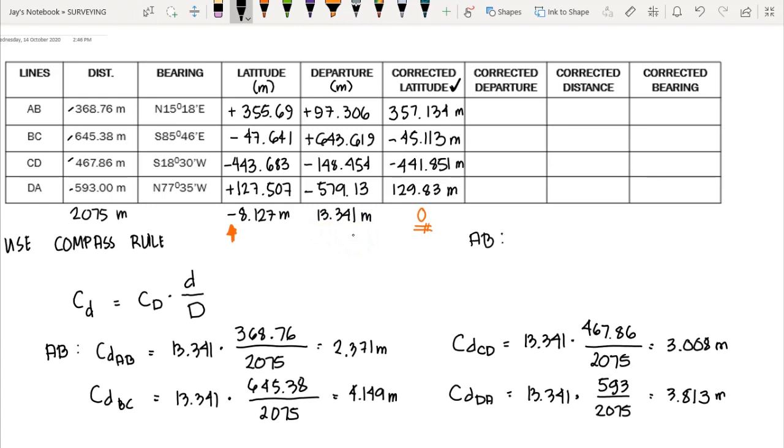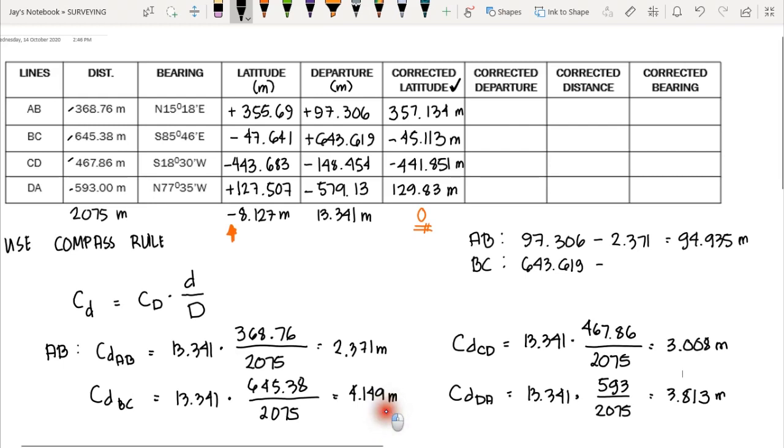Okay, so we have AB. For AB, we have the departure 97.306, minus the error, which is 2.371, and this gives us 94.935 meters. Now for line BC, we have 643.619 minus the error BC, 4.149, and this gives us 639.47 meters.